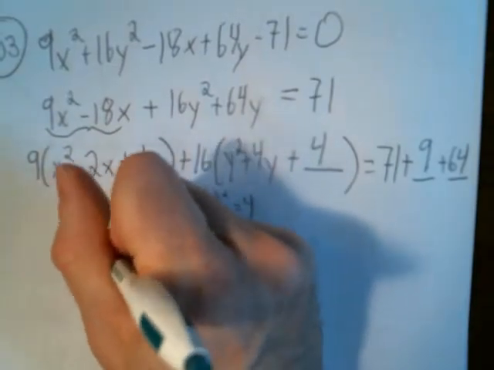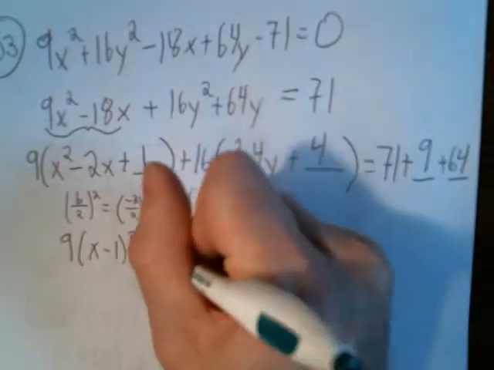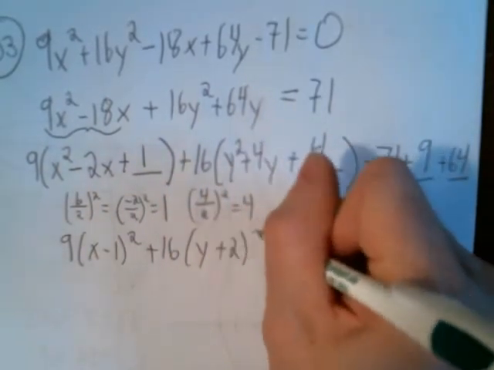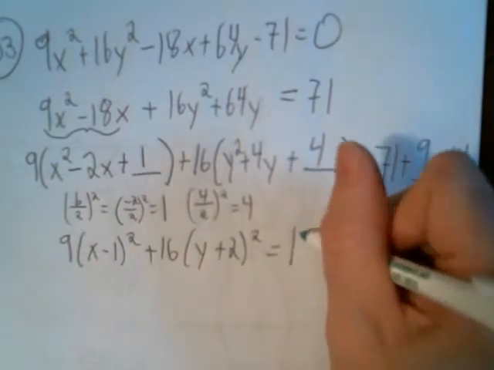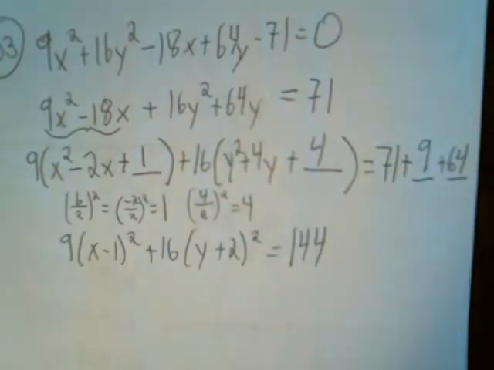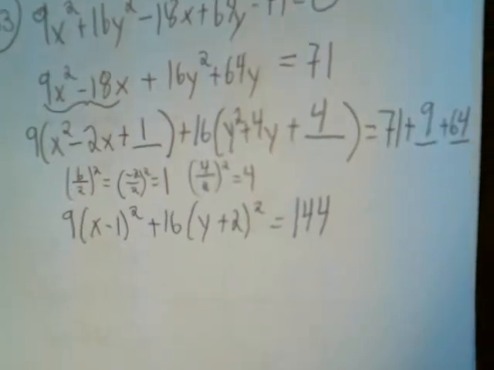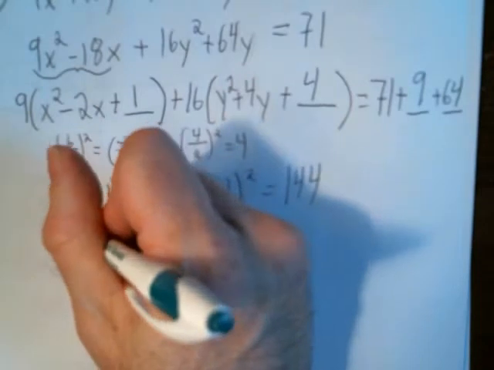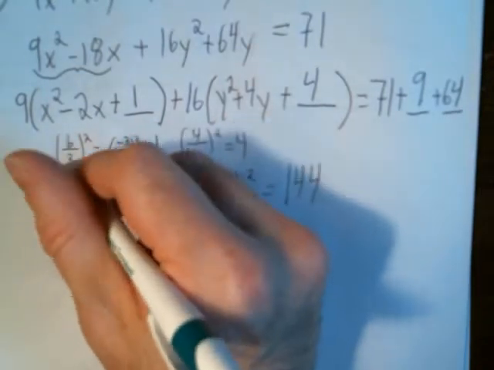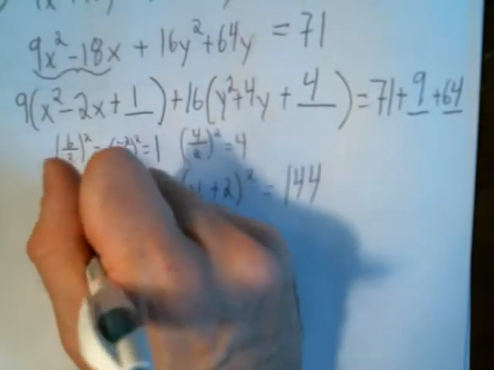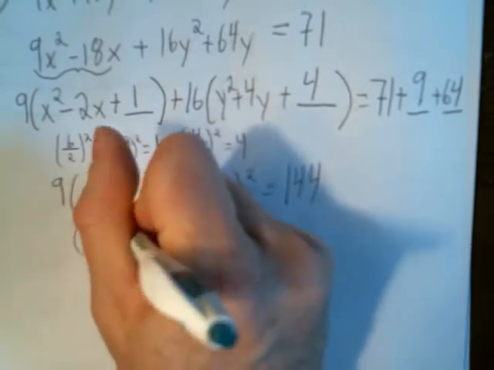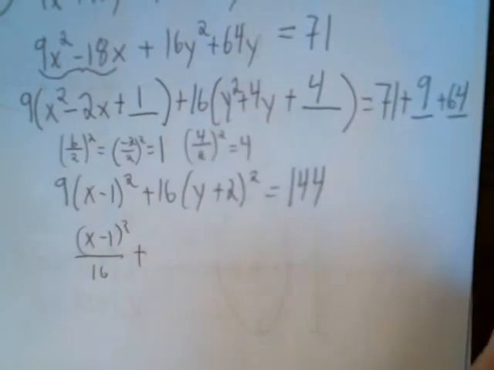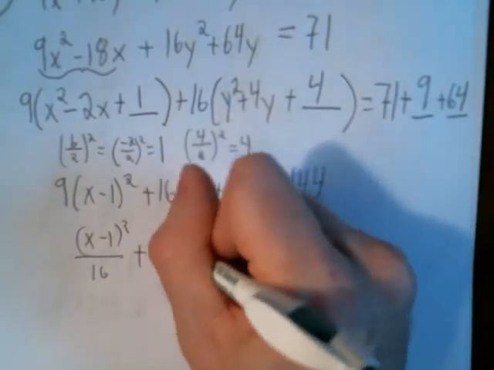So I have 9 times x minus 1 squared plus 16 times y plus 2 squared, and then that equals 144. Okay, so I'm getting closer to my objective. Divide both sides by 144. On this side, 9 over 144 will be 1 over 16, and then 16 all over 144 is the same as 1 over 9.